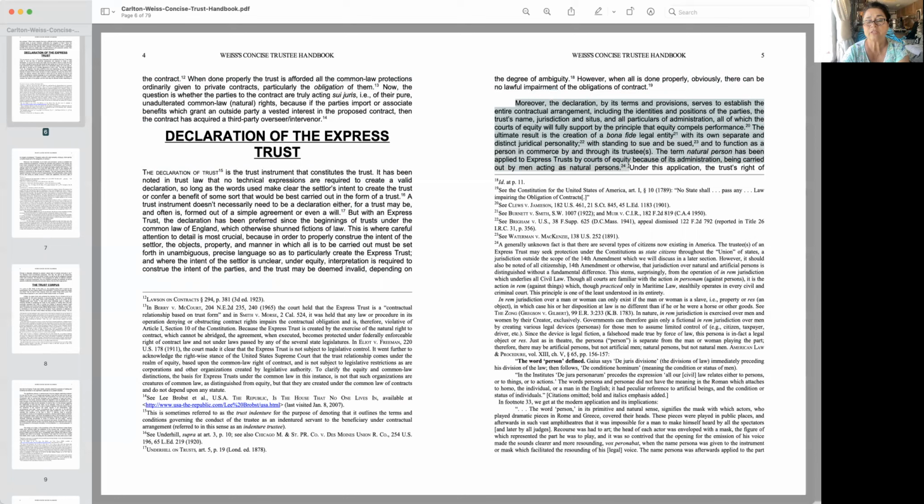Moreover, the declaration by its terms and provisions serves to establish the entire contractual arrangement, including the identities and positions of the parties, the trust's name, jurisdiction and situs, and all particulars of administration, all of which the courts of equity will fully support by the principle that equity compels performance.